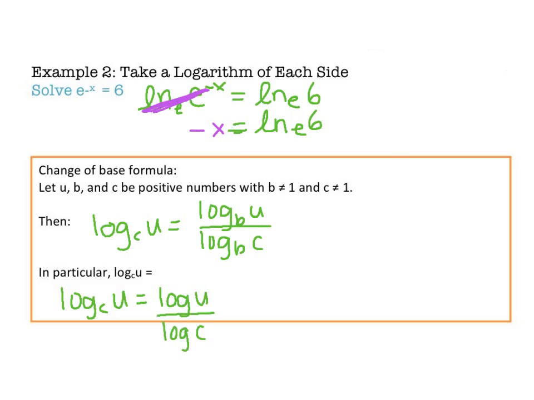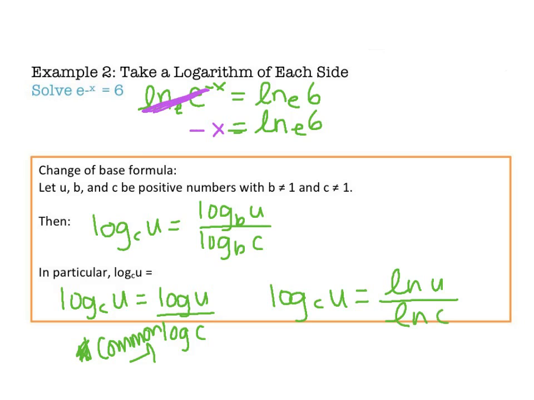And here we're talking about common log, which is base 10. The other one is log base c of u is natural log u over natural log c. And then we're talking about base of e.